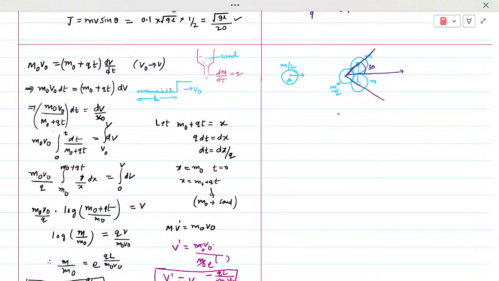So this collision is elastic, no? Symmetrically impinges. That means ball B will go in this direction with VB, and ball C will come in this direction, that is VC, and VB is equal to VC.